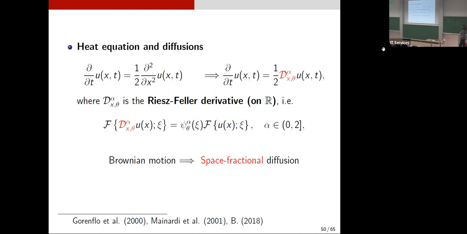So while the solution of the standard equation is the density of the Brownian motion, we are interested in the solution of this equation, which in some sense is a model of anomalous diffusion, a model of diffusion fractional with respect to space.